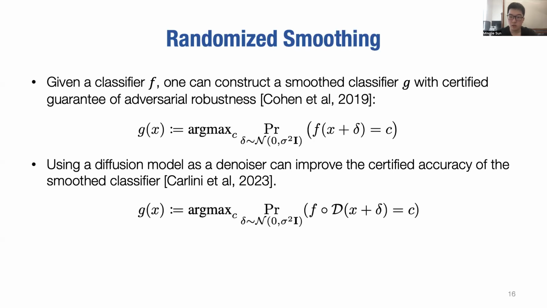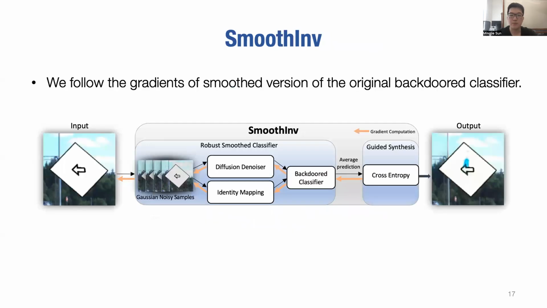It is also shown recently that one can leverage a high-performing denoiser using a diffusion model to further improve the certified accuracies of the smooth classifier. Randomized smoothing has an appealing property where we can plug in any existing classifier and construct a smooth version of it, which has certified guarantees on its own prediction.